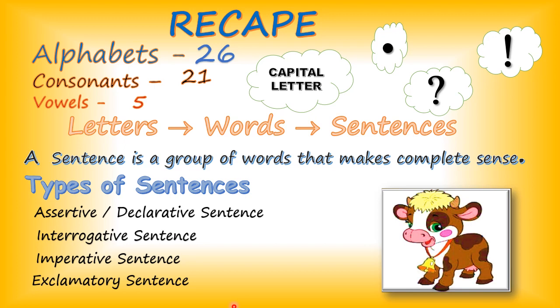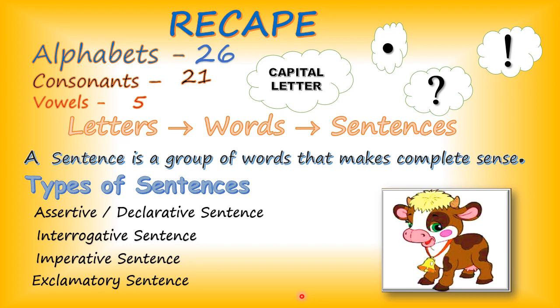Whenever we are showing a sudden feeling or strong emotions, whether it's happiness, anger or sadness, we use an exclamation mark. Okay, children. So an exclamatory sentence always ends with an exclamation mark. Imperative and assertive sentences always end with a full stop, and an interrogative sentence always ends with a question mark. Is it clear, children?